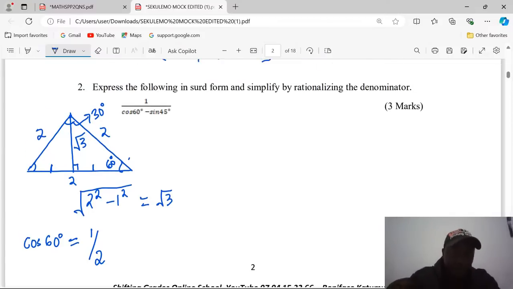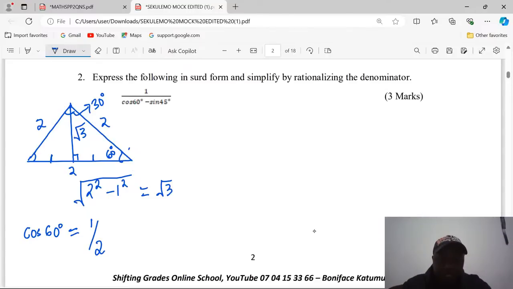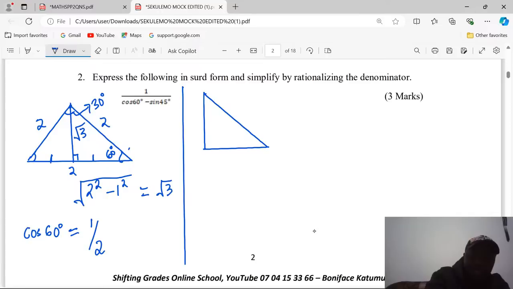Then we have 45. For 45, you can use not an equilateral, but a right angled triangle which is also isosceles, such that being isosceles, it has 2 equal sides and 2 equal angles, but one of the angles is a right angle.